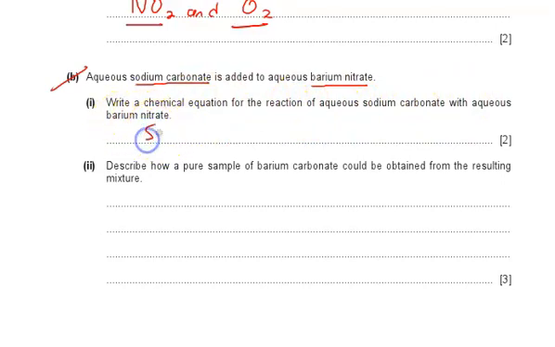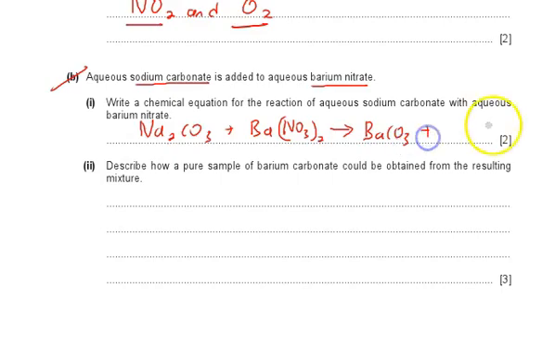Na2CO3 plus Ba(NO3)2, barium is 2 plus, so put a bracket here with 2, and then they will exchange: barium carbonate and sodium nitrate.